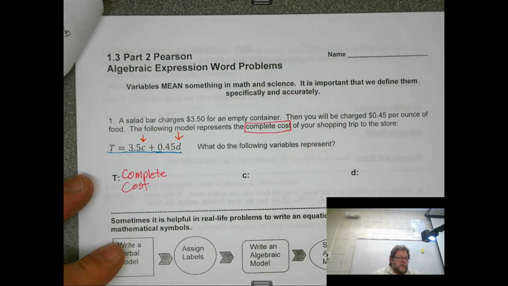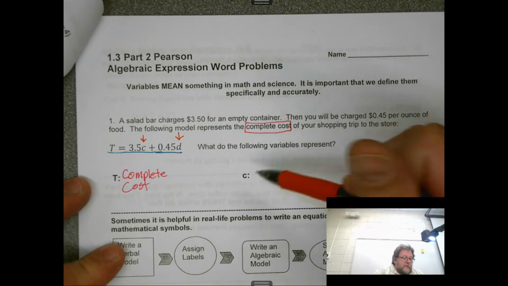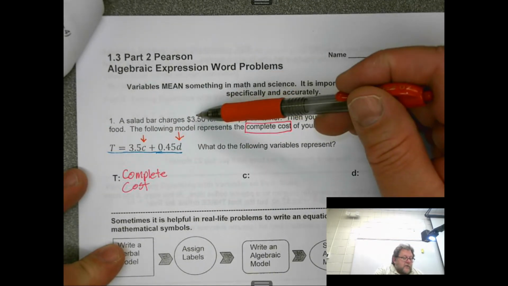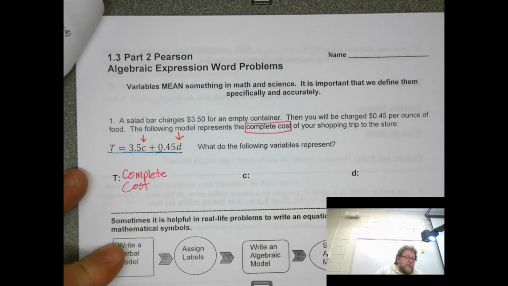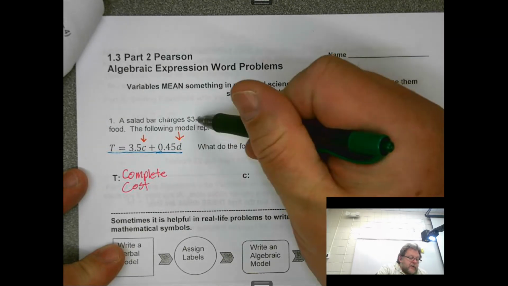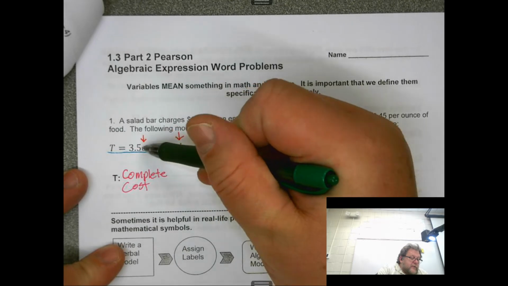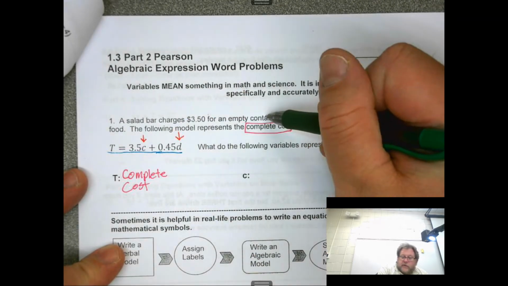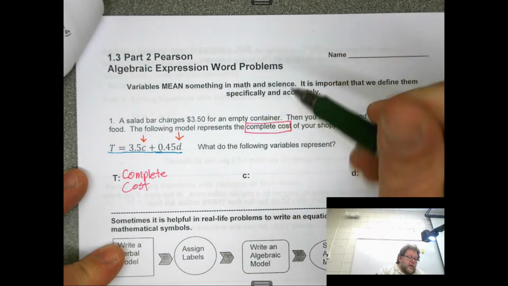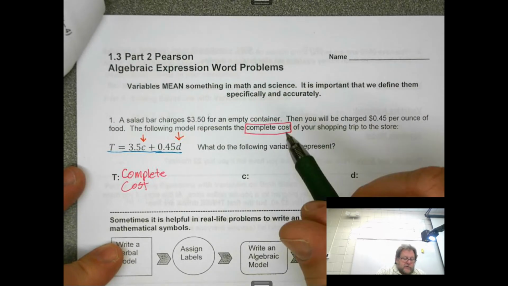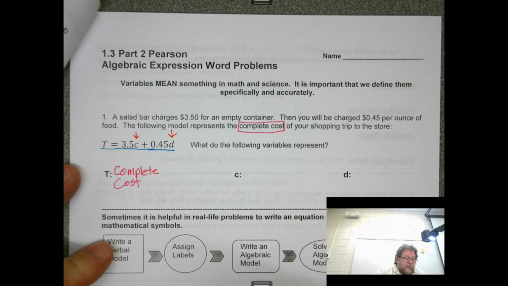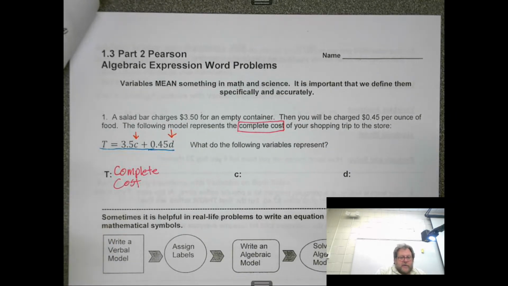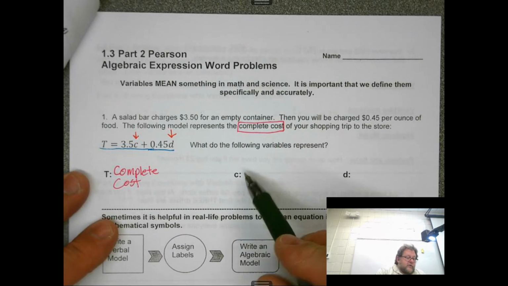Now, C, let's go back here and look at the first part. It says $3.50. So here's my $3.50 for an empty container. Now, many students, this is where they make their mistake. They'll just put down, well, C is the empty container. It's not just an empty container, because it's $3.50 for each empty container.